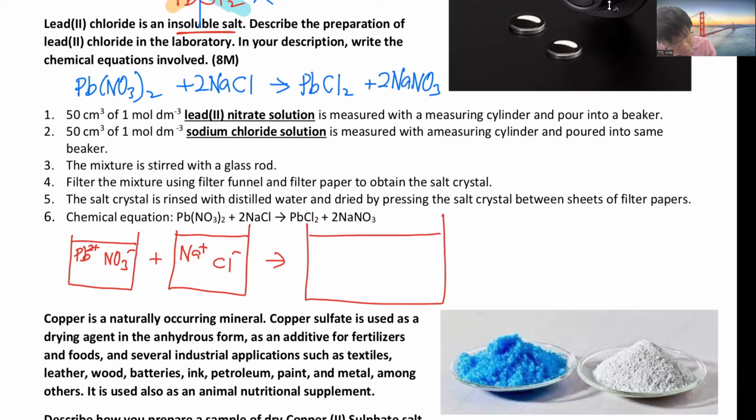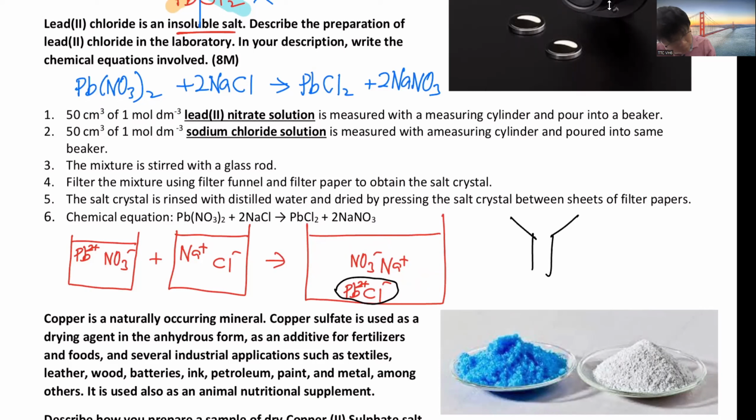Step number 3, you pour them together, you stir with a glass rod. When you stir with a glass rod, they will mix together, and Pb and Cl are not soluble. So when you mix them together, Pb will meet with Cl, become insoluble salt. And then how do you take out this salt? It's very simple.